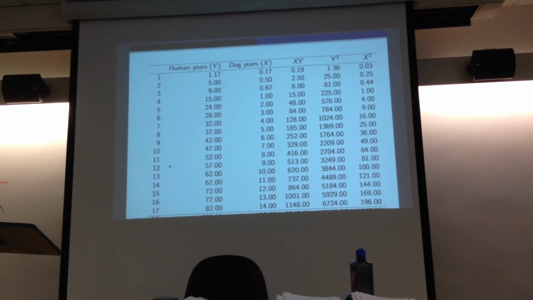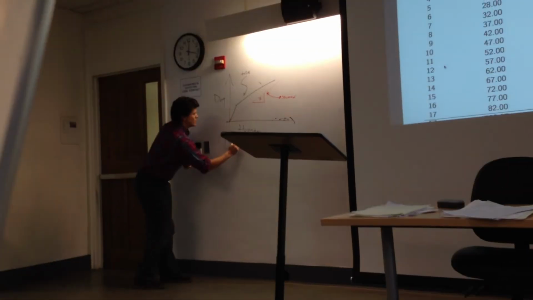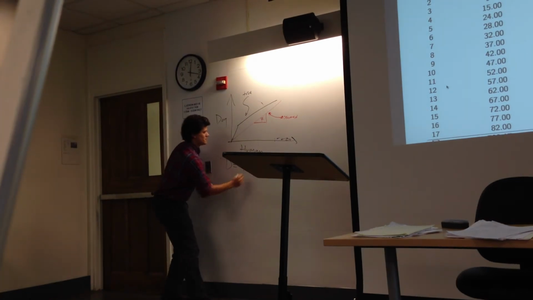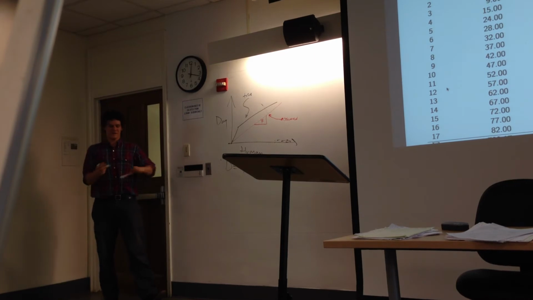Everybody assumes this linear relationship, that you take human age multiplied by 7 and get dog age, or you can write that dog equals 7 times human. So automatically you can see that we've got this linear model here.